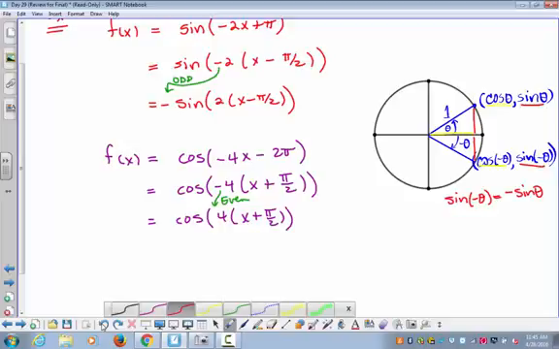That's the picture in your mind that helps you remember that cosine is even, because cosine of minus theta and cosine of theta have the same exact x value, and sine is odd because you have to go down instead of up. Any questions on the odd-even piece?